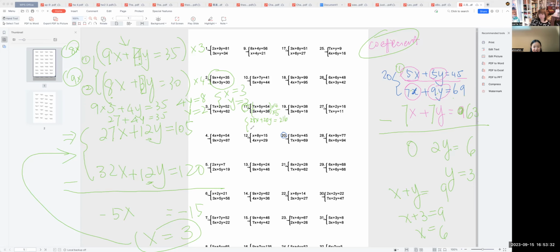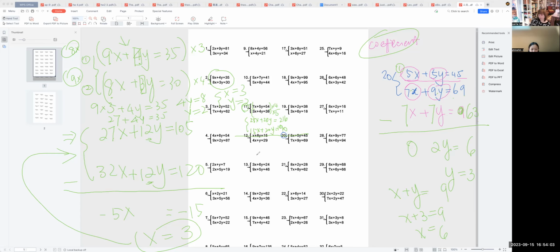Very good. 15x plus 20y equals 160, I think. Come on, get your calculator out. 38 times 5 equals what? 190. Thank you. Okay, so now you can just minus them, right?